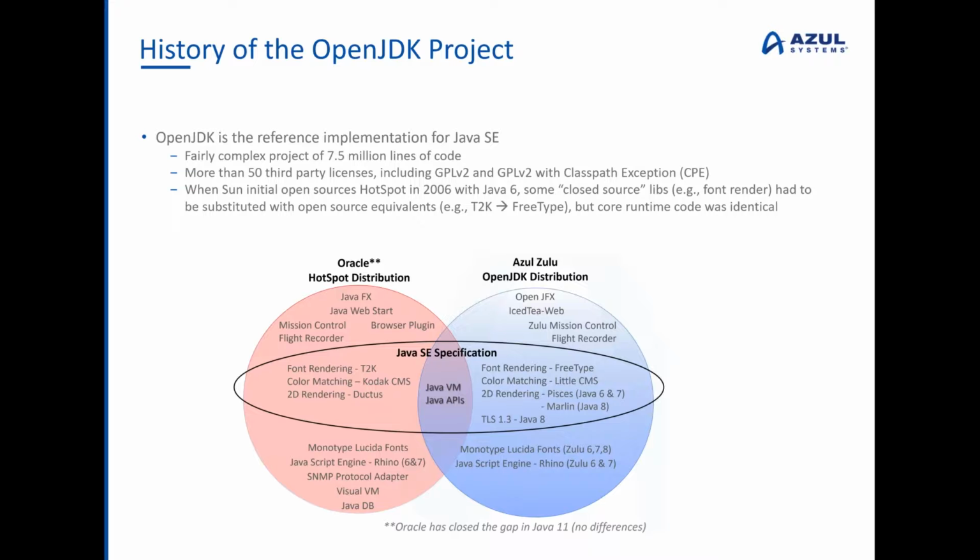However, as you look out a little to the sides of the Java SE specification, there were some subtle changes that needed to be made as Sun and Oracle open sourced the core code.